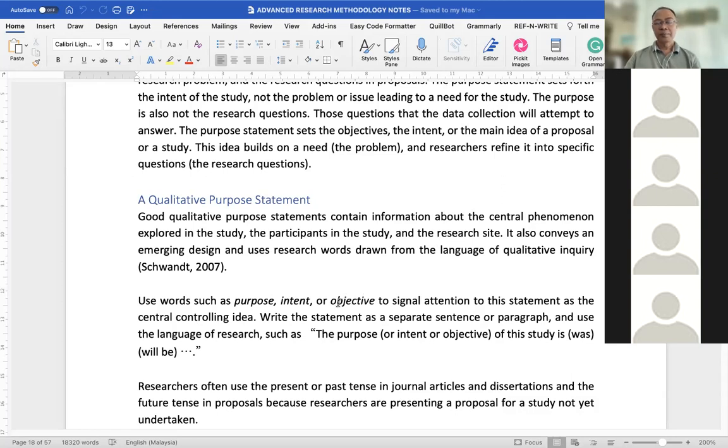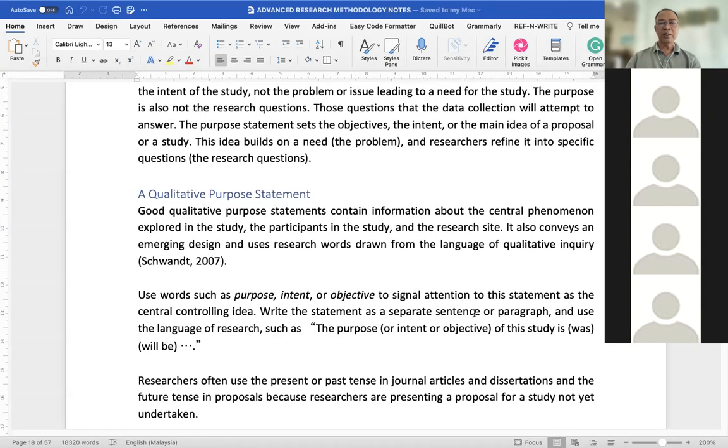In the section of the purpose statement, usually we use the words purpose of this study, or the intent of the study, or the aim of the study, or the objective of the study, to signal attention to the statement.